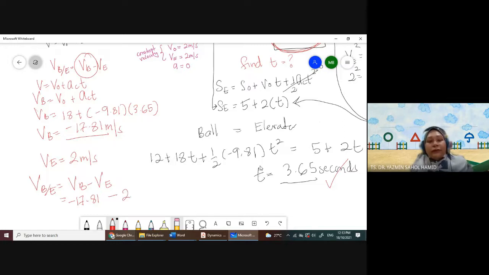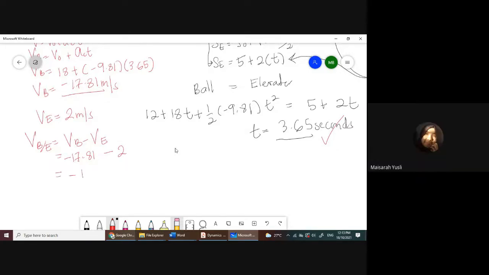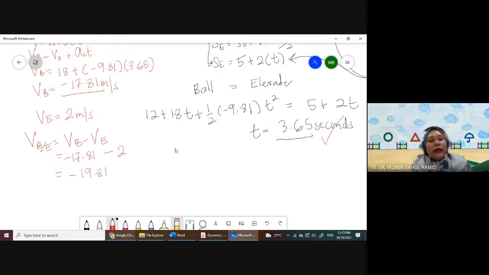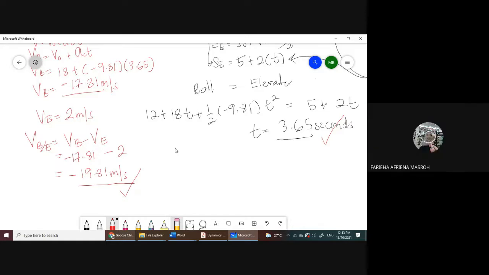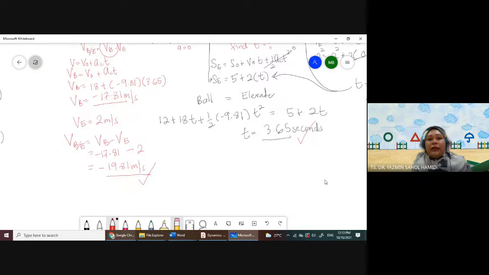So what do you get? The final answer? 19.81. Okay, 19.81 meter per second. So that is the answer. Okay, guys? Boleh? Anybody has a problem understanding this question?